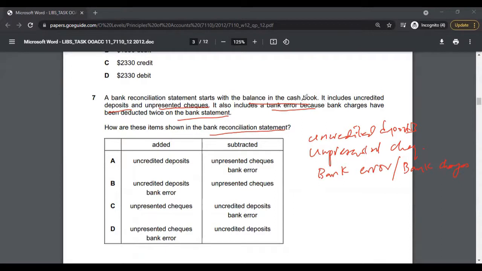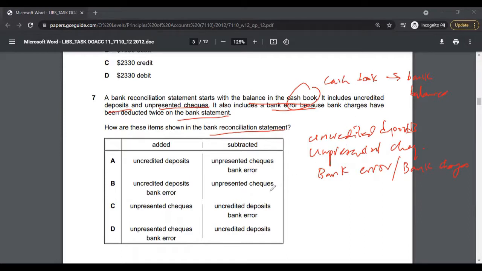Considering you start from the cash book balance and then you get the bank balance, that is the direction of reconciliation. How would you treat these when preparing a bank reconciliation starting with the cash book balance?